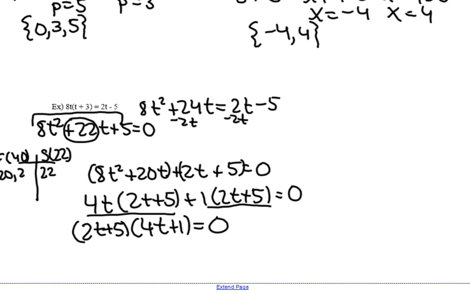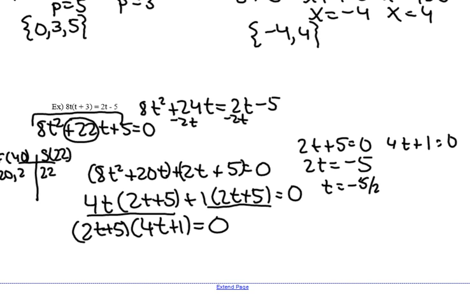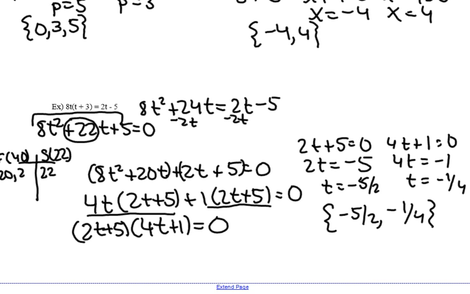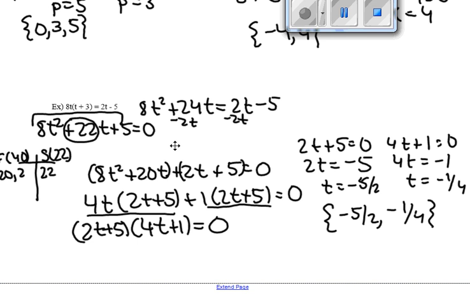Now, I can set each of these factors that contain a variable equal to 0. So my solutions here are negative 5 halves and negative 1/4. All right, that is the end of this video.